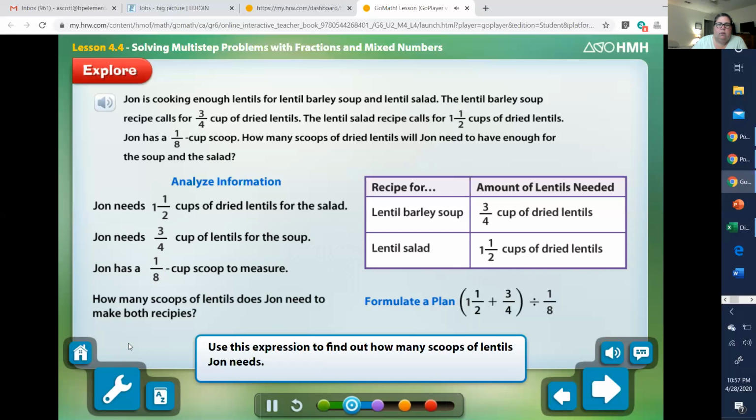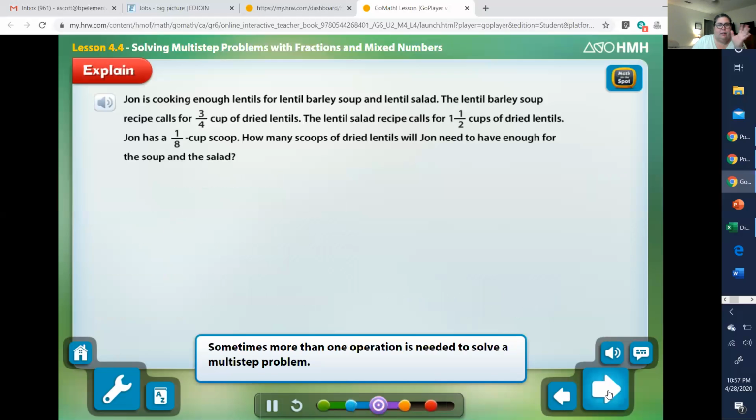Expression to find out how many scoops of lentils John needs. Okay, so they've laid it all out for you, the problem and what it is you need to do. And then it started blinking, so you click that.